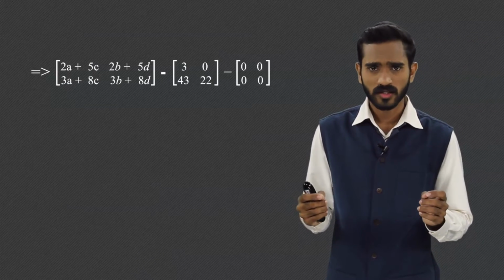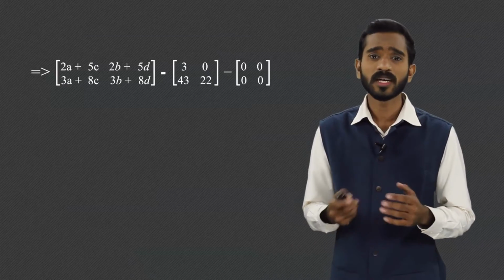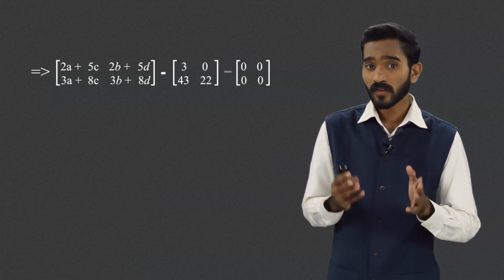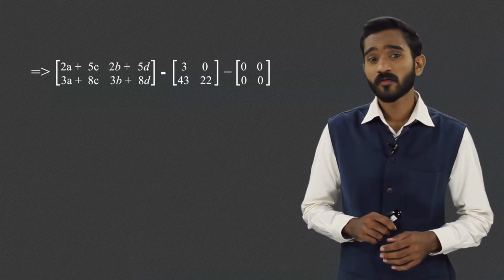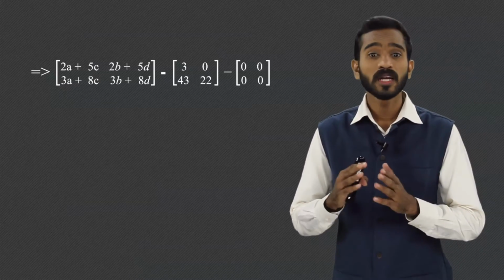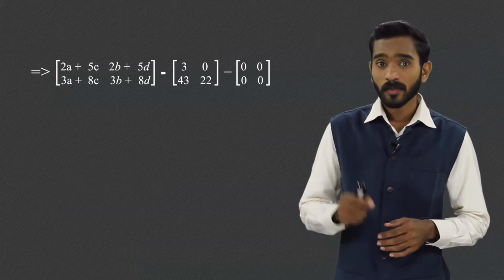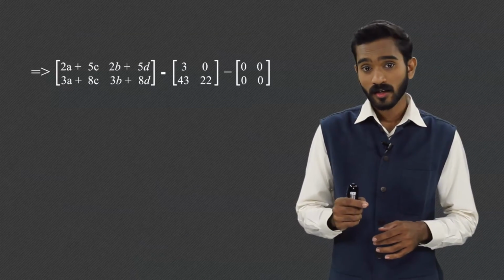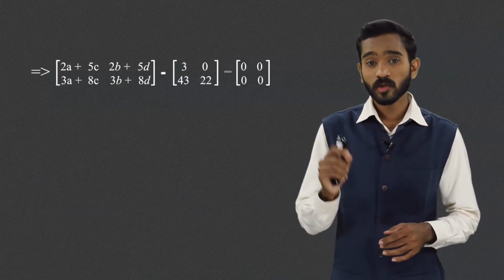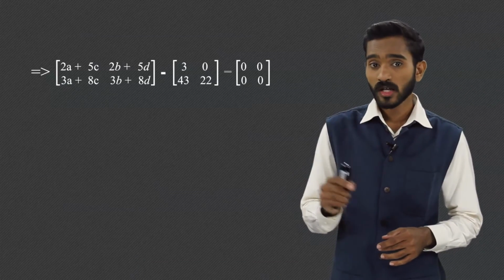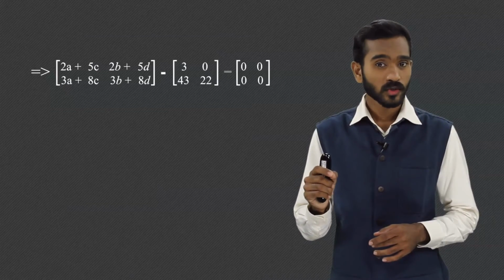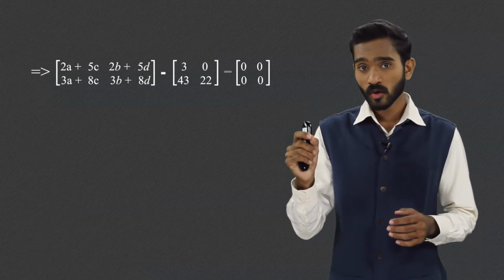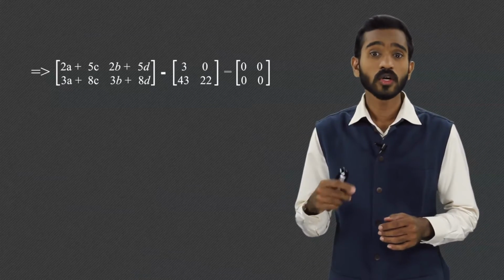How did I get that matrix? Just go with the matrix multiplication. Once again, multiplying the 2 matrices, first we get 2a plus 5c, 2b plus 5d, 3a plus 8c and 3b plus 8d, minus the matrix 3, 0, 43, 22, is equal to the O matrix or zero matrix, which is 0, 0, 0, 0 of order 2.